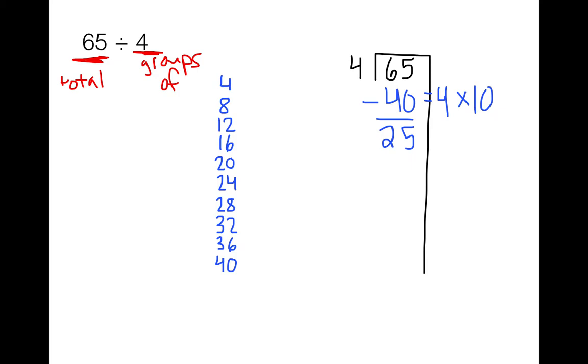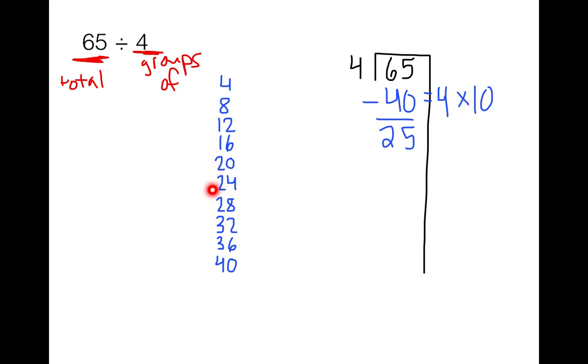Now, we're going to look at our list of multiples again and see how many more groups of 4 we can take out of 25. So the number that gets us the closest without going over. So when we look at our list, 4, 8, 12, 16, 20, 24 gets me close. 28 is too much.